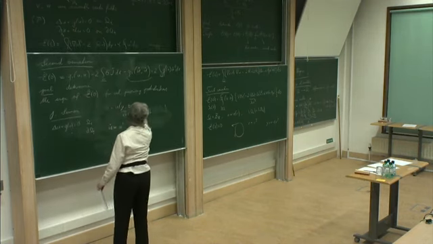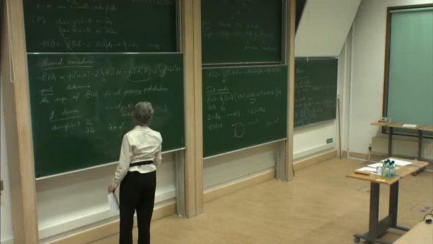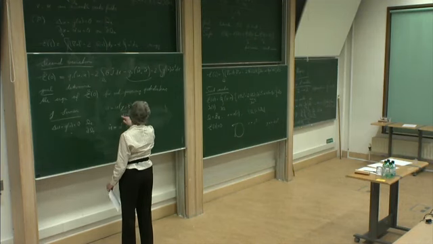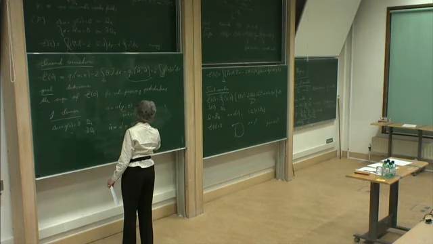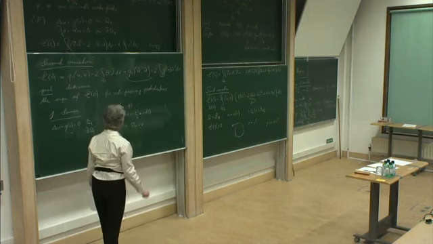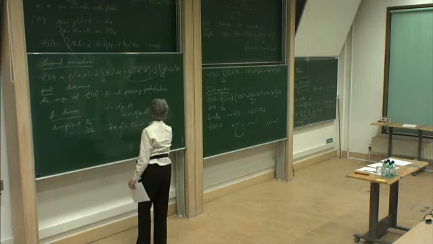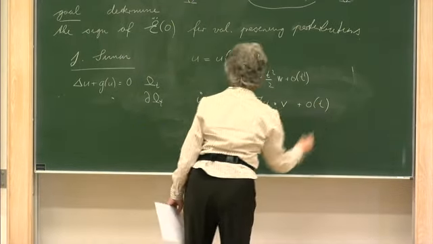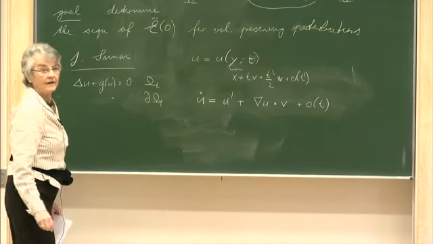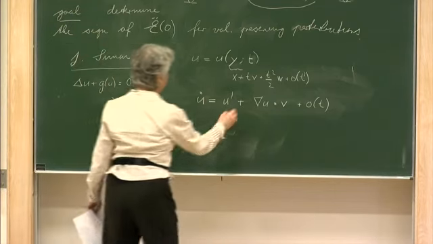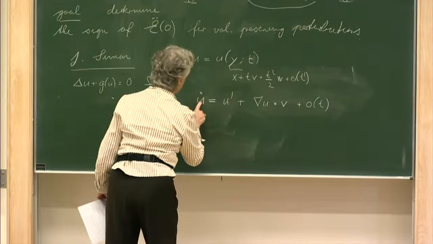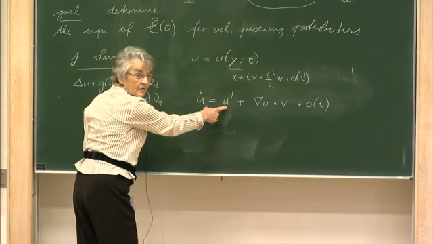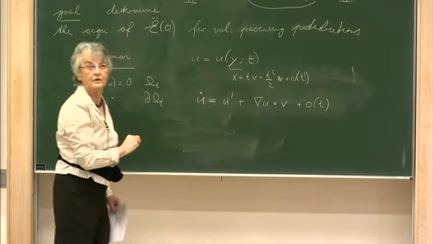Okay, so we have this derivative with respect to t plus the gradient of u times v plus second order terms or first order terms. And Simon's trick was we should replace u prime by this expression.